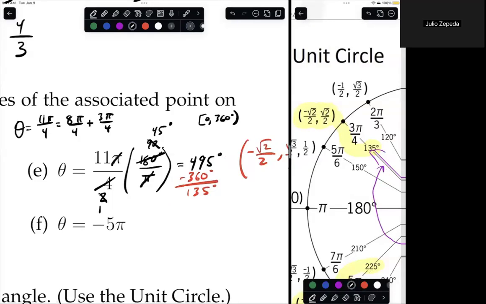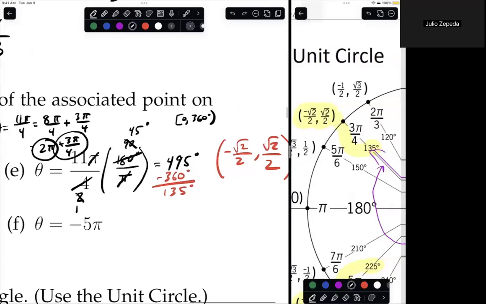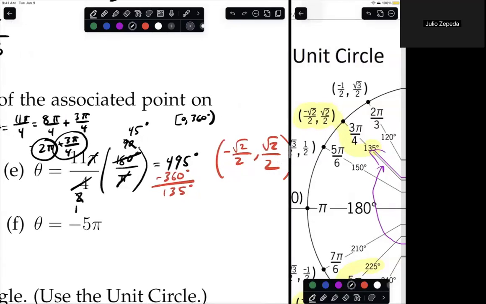And 8 pi over 4 is just 2 pi. So we have a complete rotation and then 3 pi over 4 more radians. Here's 3 pi over 4, coterminal with 135 degrees. So it doesn't matter if you do it in degrees or in radians, we end up with the same answer.